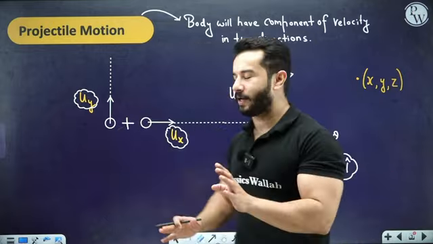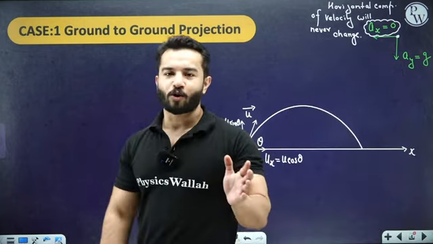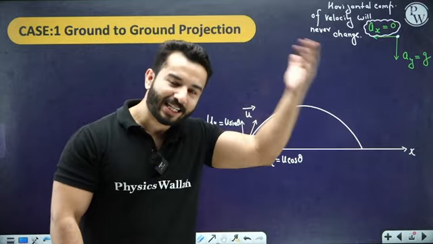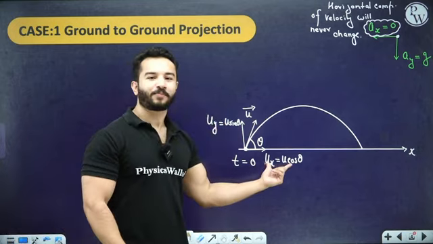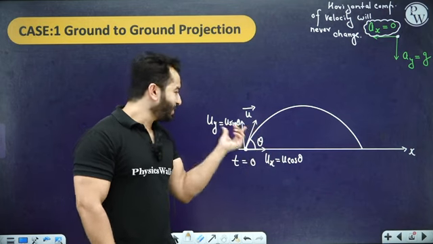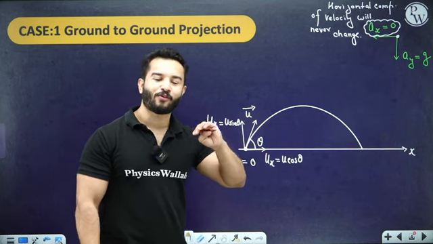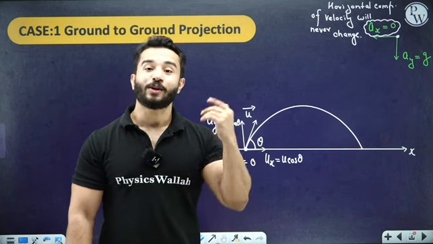It's very simple. Whenever we talk about the x-axis or the things that happen on the x-axis, we are only concerned with this velocity. We are never concerned with uy, the vertical component of the velocity, right?